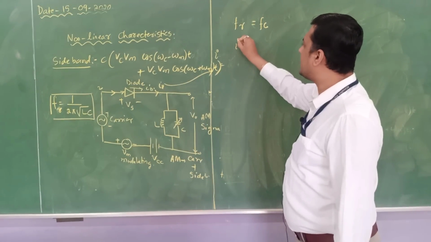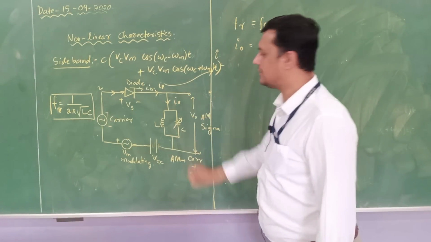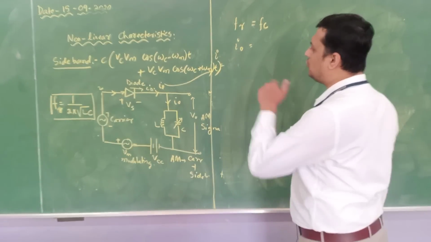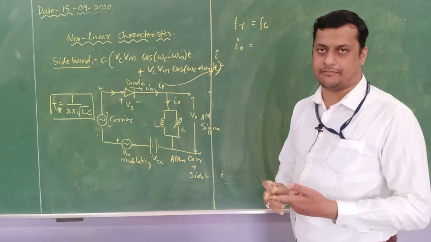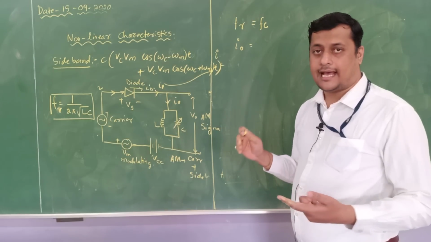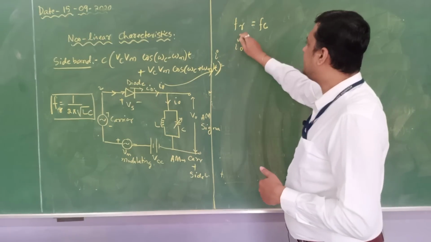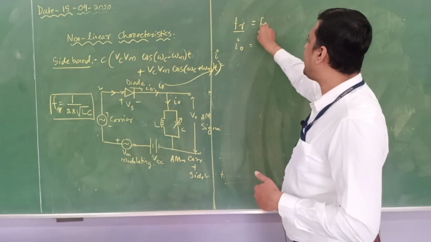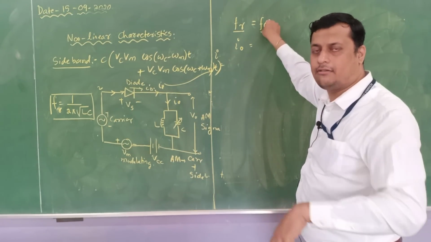So the output current available here must consist of carrier and must consist of sideband. The modulating signal and higher frequency components will be suppressed because this resonating frequency is matched to the carrier frequency. That means harmonic components will automatically be suppressed.